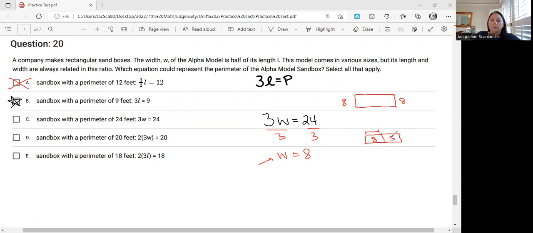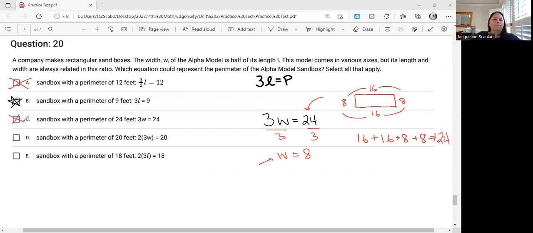That means this other part also has to be 8. So that means that the length is 16. Okay, hopefully some of you are already shaking your head, no, this can't be right. Because if I find the perimeter now and I add these all together, I'm supposed to get 24. And I know that 16 plus 16 plus 8 plus 8 is way too big. It is going to be much too big to be 24. So I know this cannot be one of the correct equations.